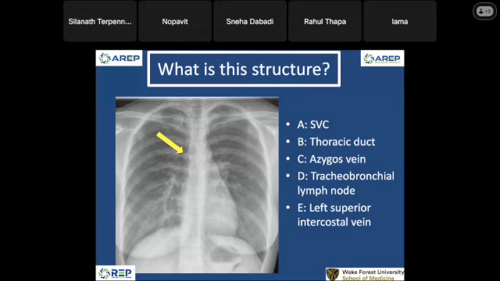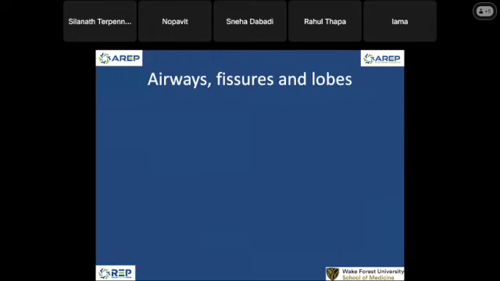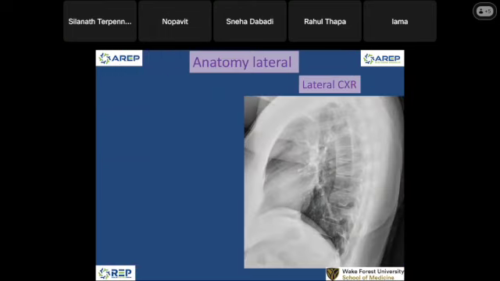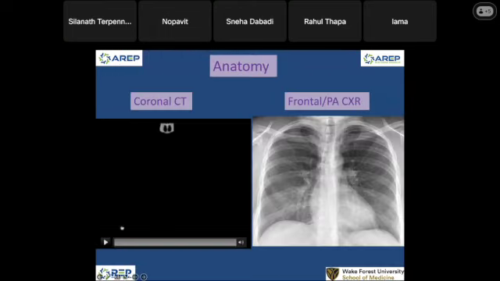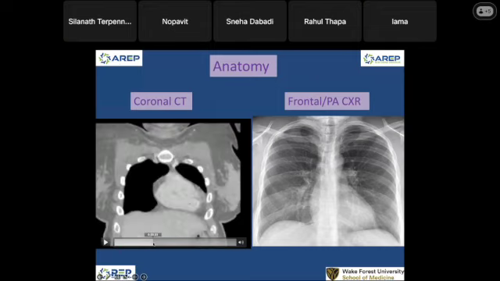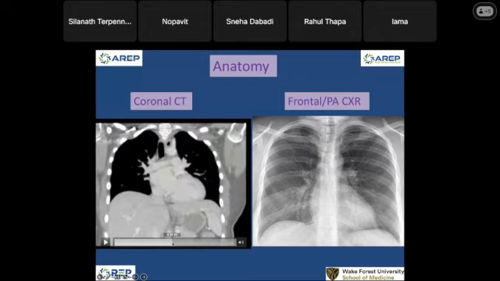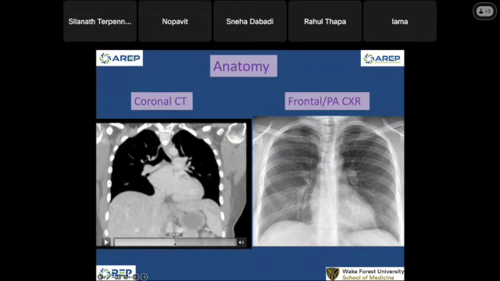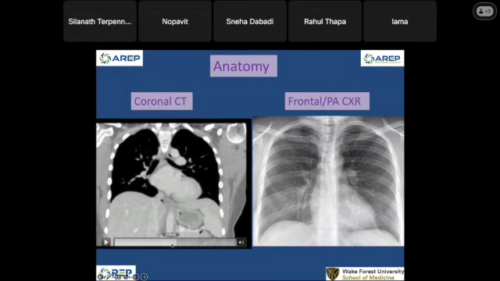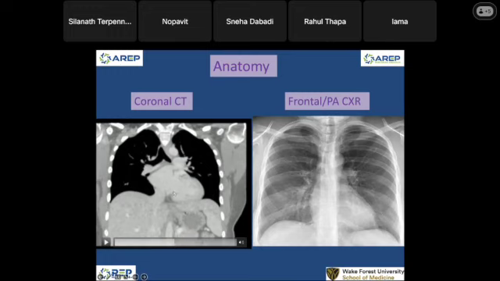So let me go back to anatomy again. Okay, let's look at this. So I'm talking about this structure right here at the tracheobronchial tree. Let's look. All right, do you see this structure? Let me stop it. I'm talking about this structure. This guy.